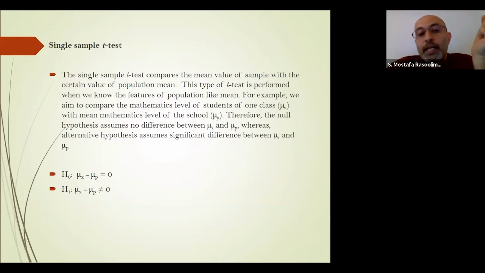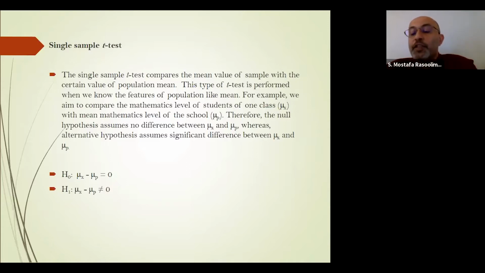So for a single sample t-test or one sample t-test, we compare data from one variable with a specific value. So the hypothesis is, for example, the average of the mathematics score of this class equals the average of the school.